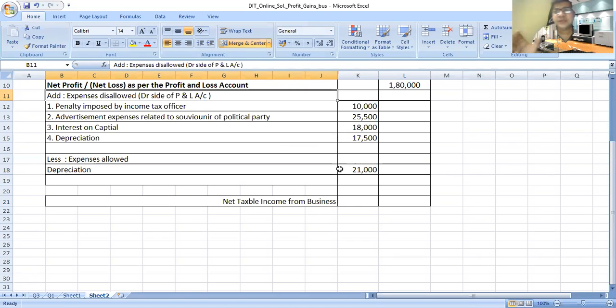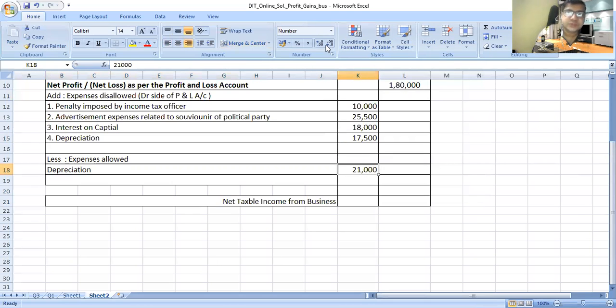If the debit side depreciation is there and for adjustment they do not provide any kind of information, it means whatever depreciation is there, it is a business depreciation. But if further information is provided, then the debit side depreciation will be added and the adjustment depreciation will be deducted. These things you have to keep in mind.